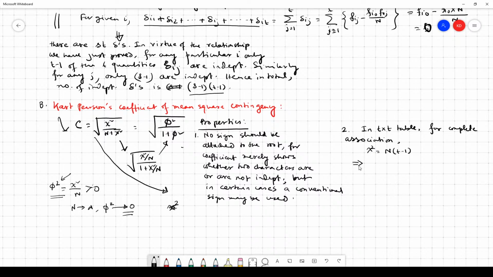And this means the C equal to n into n into t minus 1 by n into n plus n into t minus 1, which is equal to t minus 1 by t.